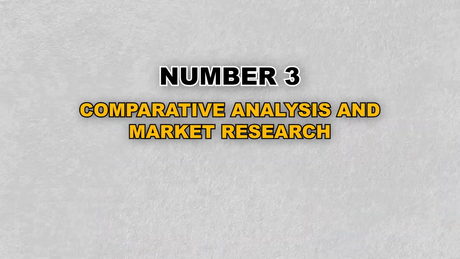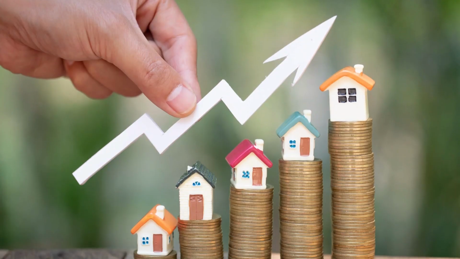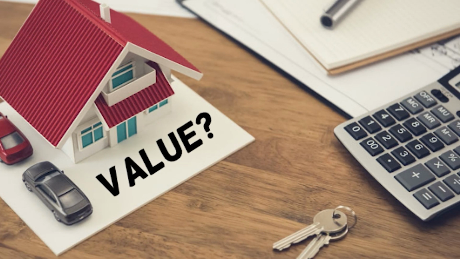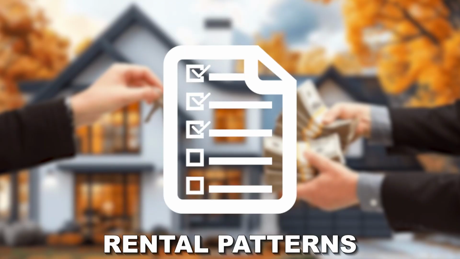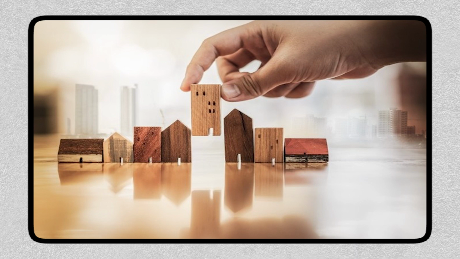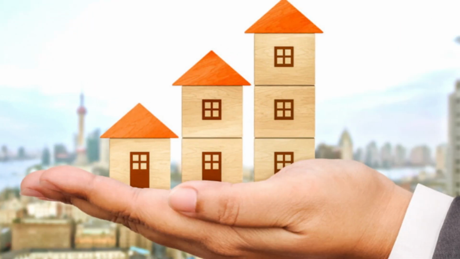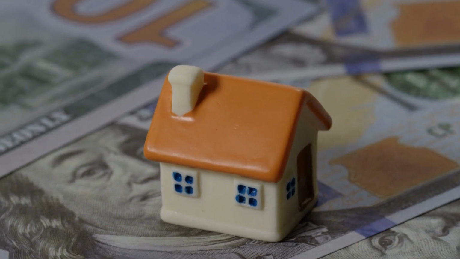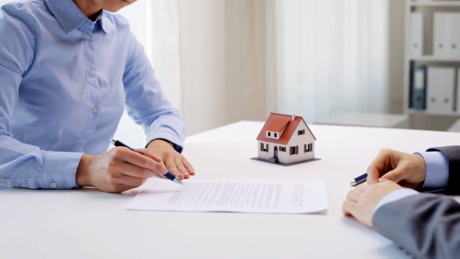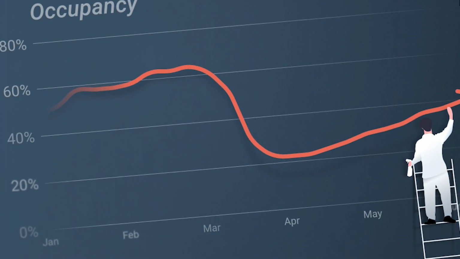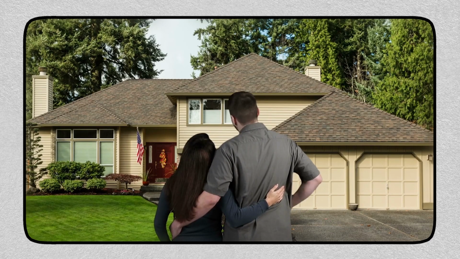Number 3. Comparative analysis and market research. Conducting in-depth market research is essential when evaluating a rental property. You must comprehend rental patterns, the state of the market, and how your property stacks up against the competition. To make well-informed selections, comparative analysis entails examining comparable houses in the neighborhood. Market for rentals. To find average rental rates, occupancy rates, and vacancy trends, look at properties in the area.